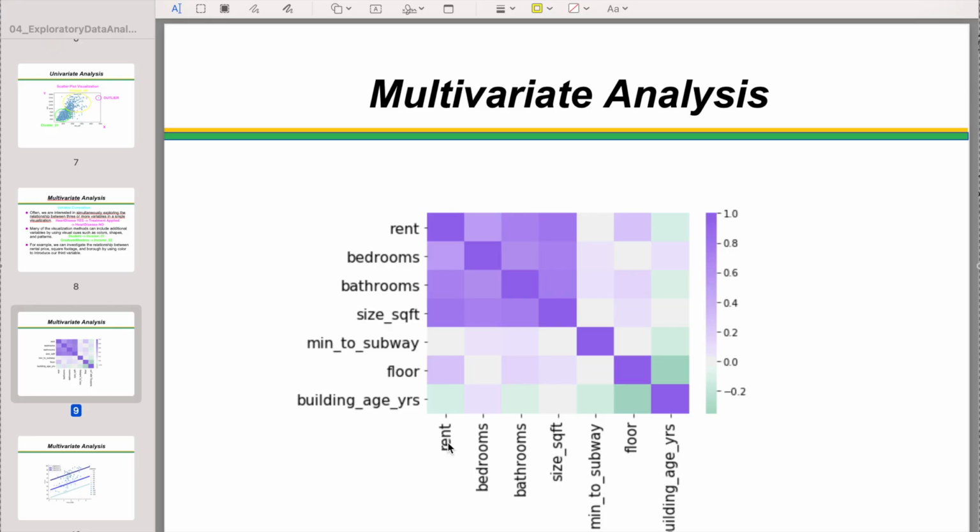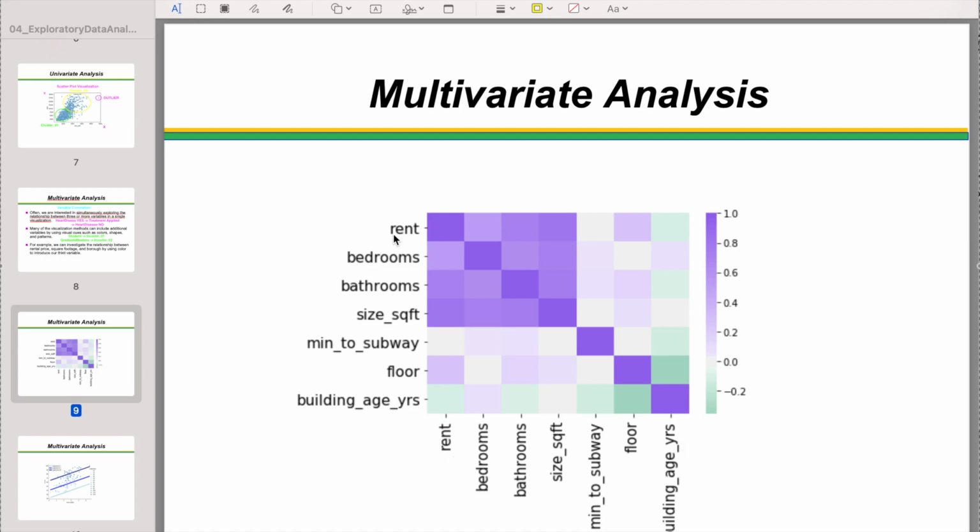What we're doing here is comparing each on the left, on the x coordinate, and on the bottom, on the y coordinate. We have the exact same attributes or variables. What we're doing here is asking what happens if we take rent with rent together. If those two occur together, what happens?